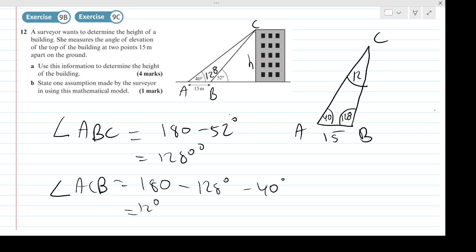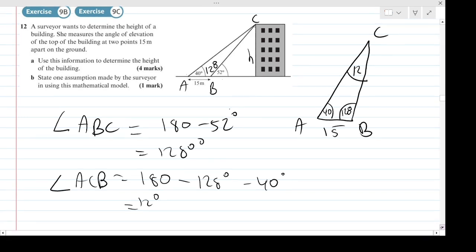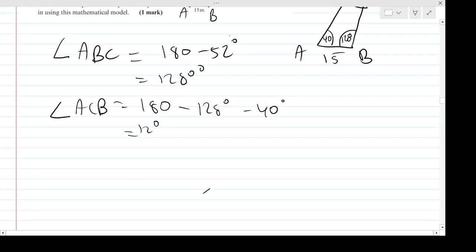Actually, I notice I have an overall triangle here between A and C, the height, and that from the tower to A. So I'll describe that triangle again.